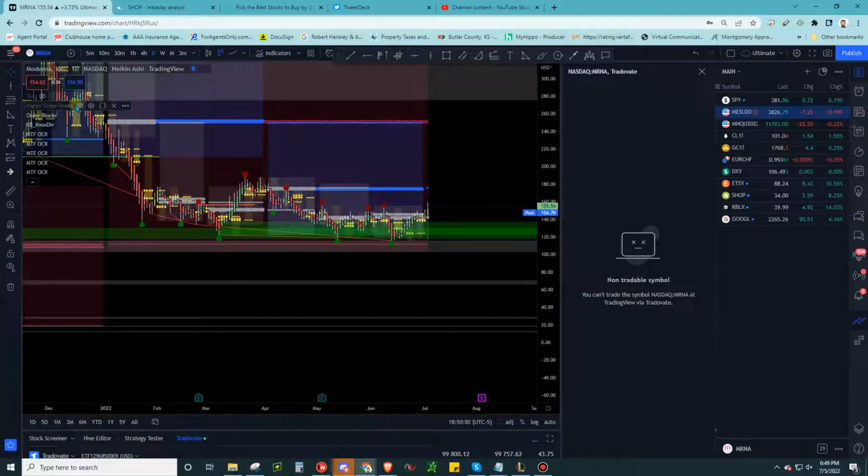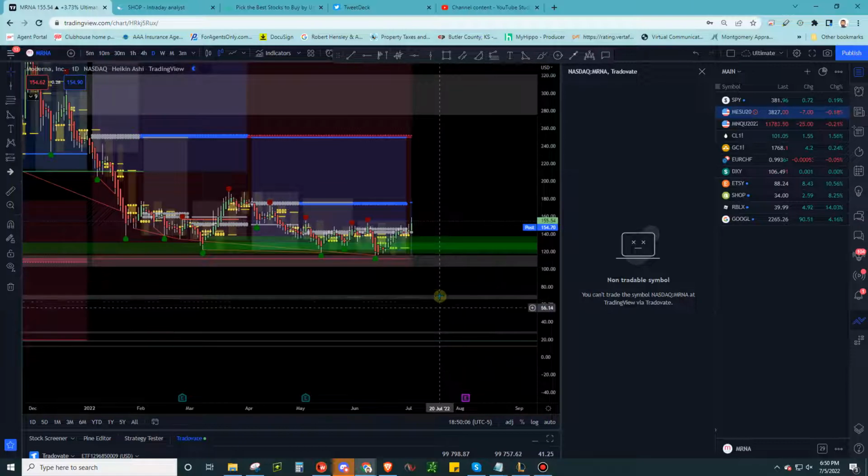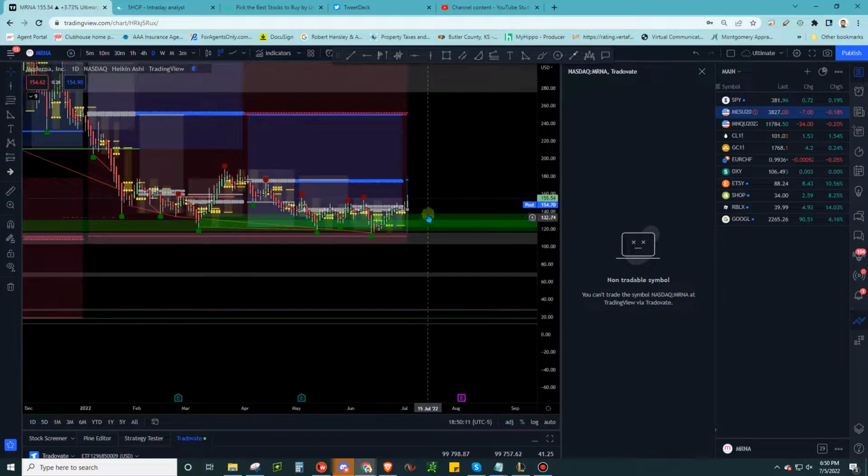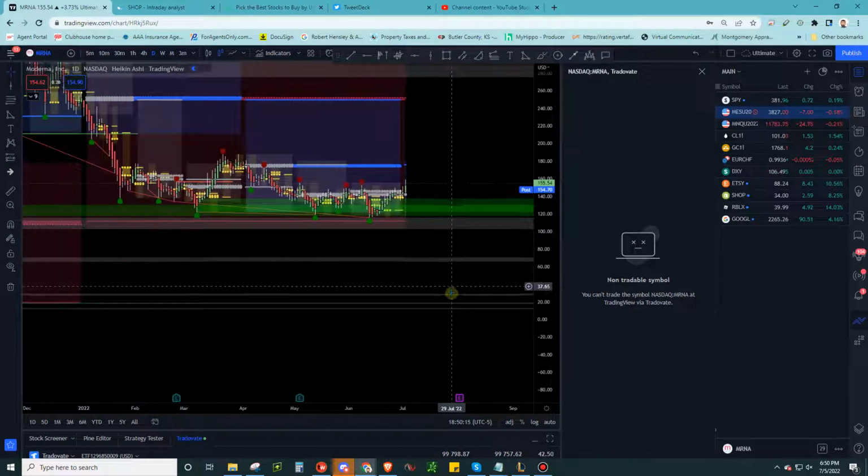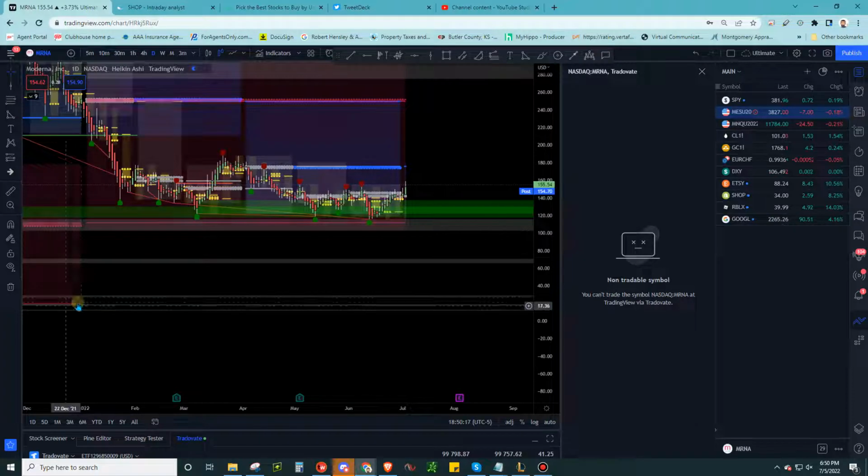Sorry for my screen's a little bit. Leave it like that. But we do have the divergences building here right into the support. So it might not be a sell just yet, especially since it held that support line. But we can obviously see under this 120, there's not much going on, all the way to the 2020 low right here around $20.